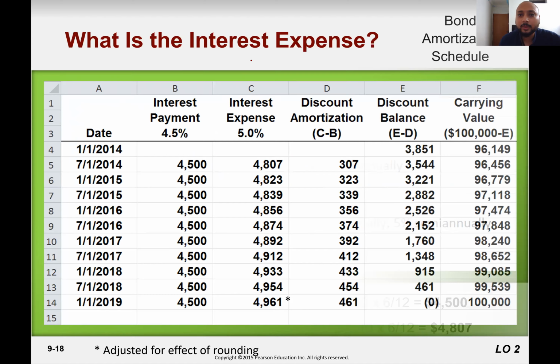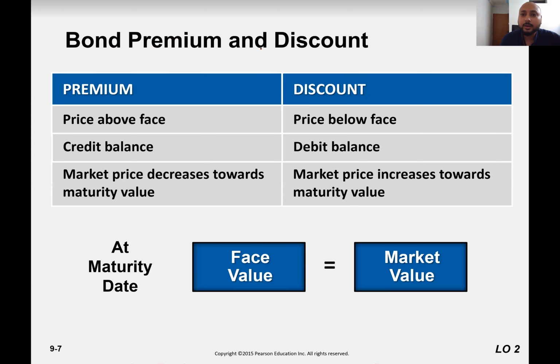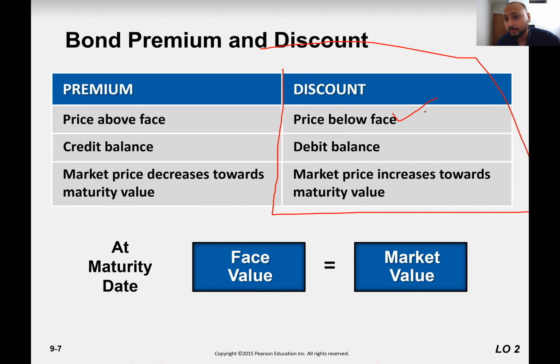So we are right now learning discount. Remember, it is issued below the par or face value, right? Discount 96,149, it has a debit balance. We just saw that. And remember, market price increases towards maturity.